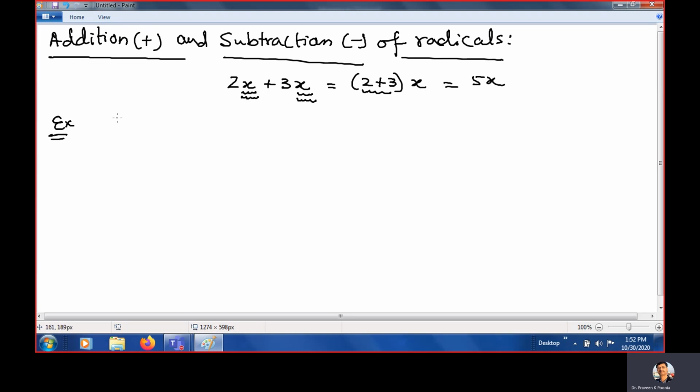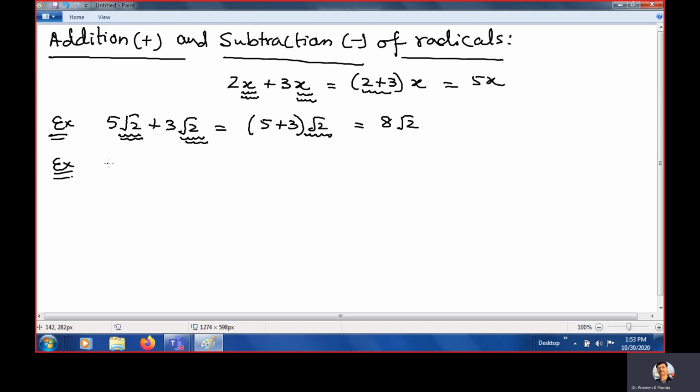So first example, say 5 square root 2 plus 3 square root 2. You need to focus here: square root 2 and square root 2 are both the same. So we can add. Only we can add if this radical part is the same. So 5 plus 3 is 8 square root 2. Clear?